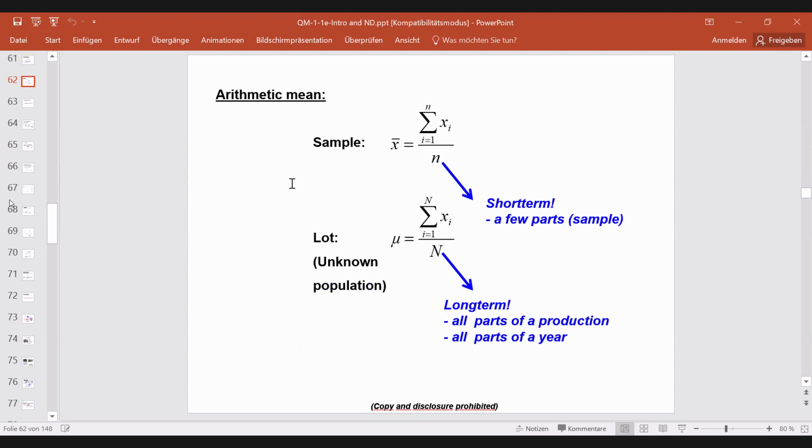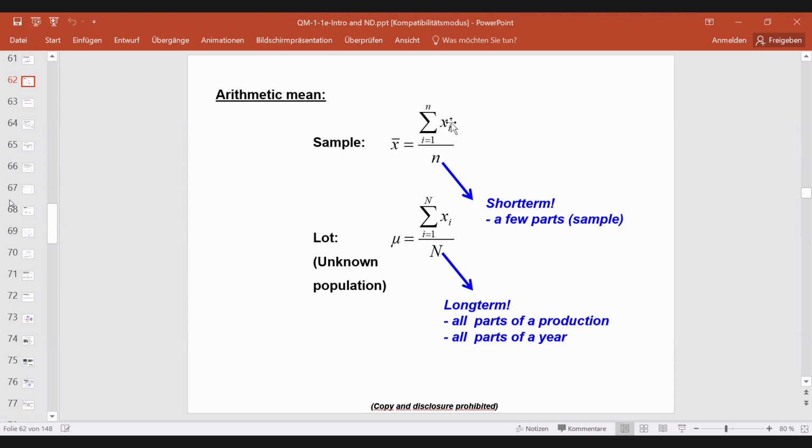What we have to separate is the sample and the lot. At first the sample, you take out a few parts, only 10 parts or 50 parts out of 10,000 parts or 50,000 parts. Take out only a few parts.